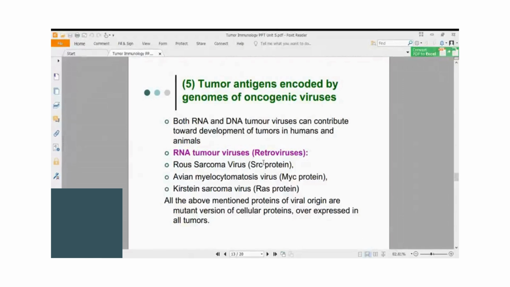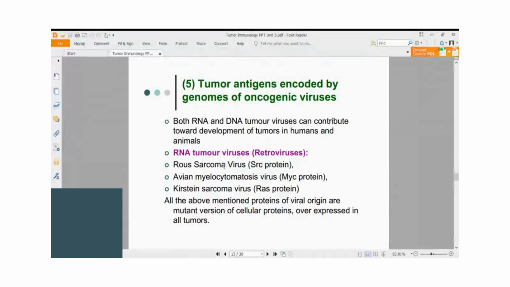And this SRC protein domain is present in the intracellular region of the EGF receptor. Now, the virus, which is Rous sarcoma virus, if it infects the cell, it has homology. The domain of its has homology to the SRC domain of the EGF receptor.